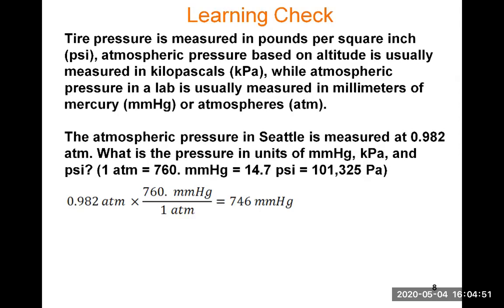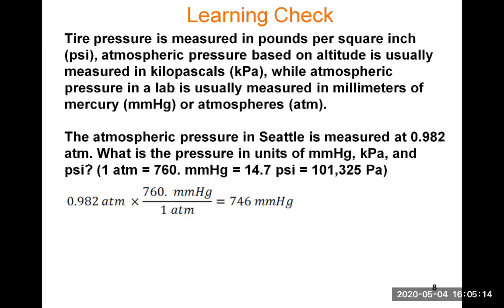So we have 3 sig figs in 760. The 1 atmosphere is exact, and 0.982 atmosphere has 3 sig figs. So we will keep 3 sig figs at the end, and that's why we keep the 746 millimeters of mercury.